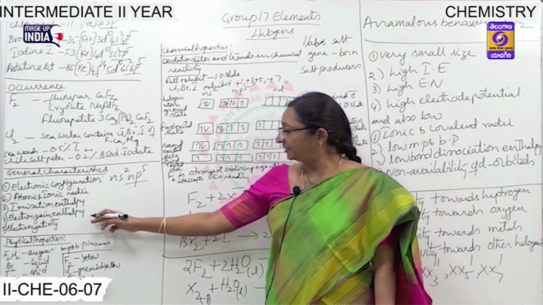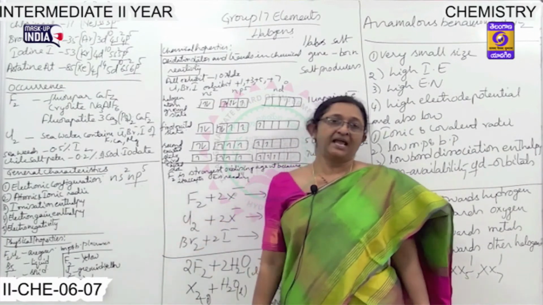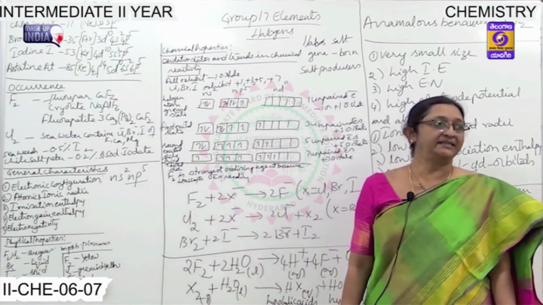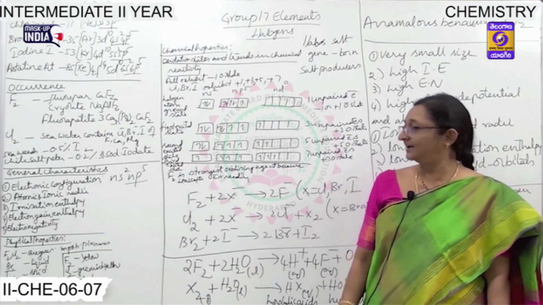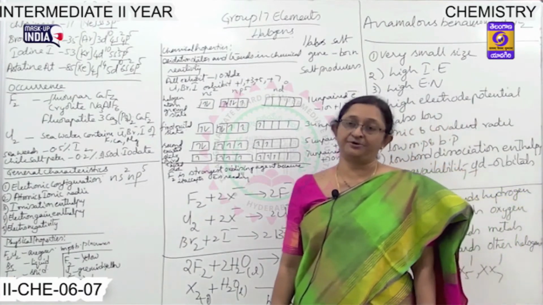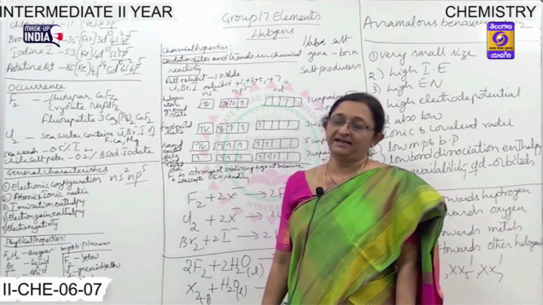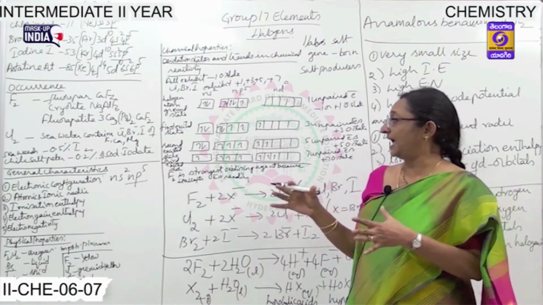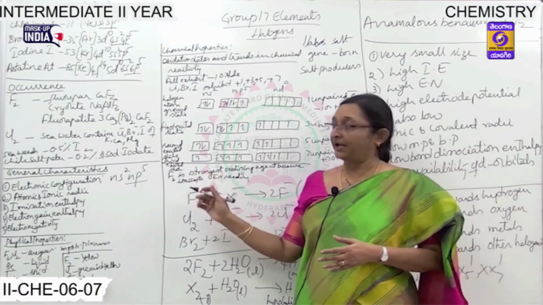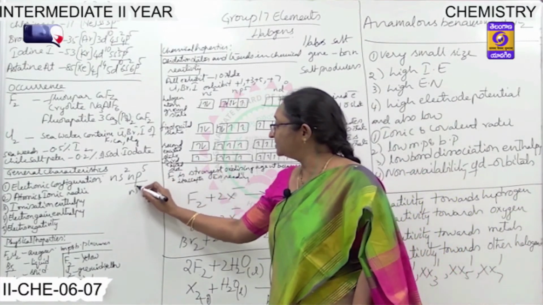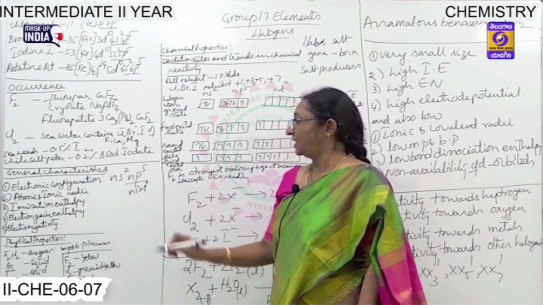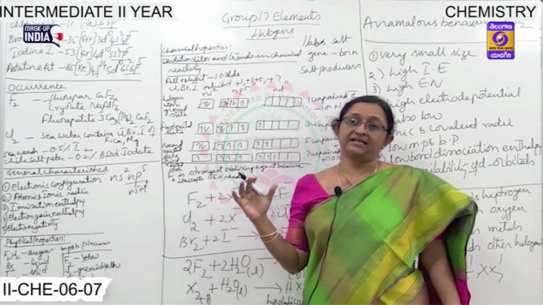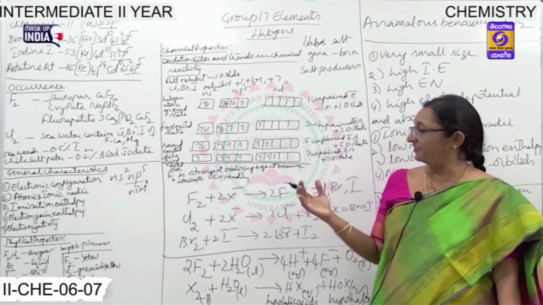Then, electron gain enthalpy. If you look at the electron gain enthalpies, they have high negative electron gain enthalpies. Because if they gain one electron, then they will have the stable electronic configuration of ns2 np6. So the electron gain enthalpies are maximum for these.